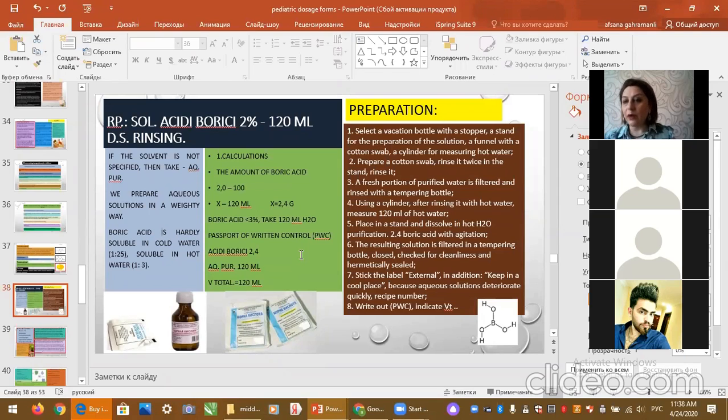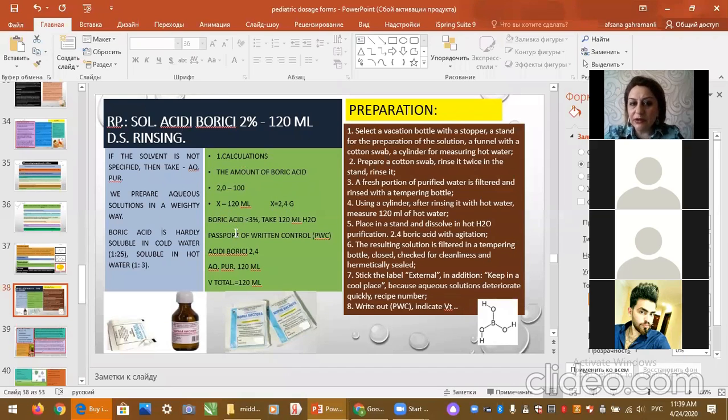Yes, 100 ml contain 2 grams. If our total volume is 120 ml, how do we calculate? If 100 contains 2 grams, we divide 120 by 100 and multiply by 2. 120 ml contain 2.4 grams. Yes, we divide it by 100, of course.